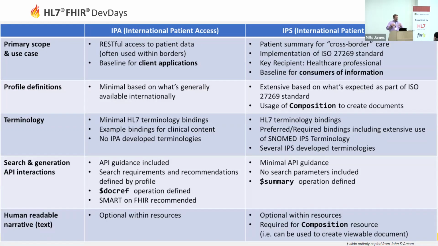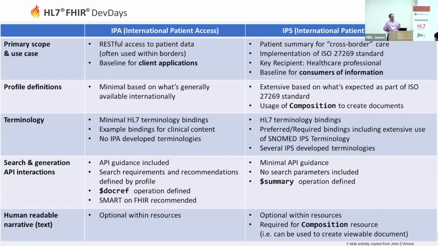IPA is really defined to be a minimal set that is applicable within different locales, different regions, different countries. Whereas IPS's profiles are pretty complete, and they use composition to describe a FHIR document. Again, another great example there is terminology.